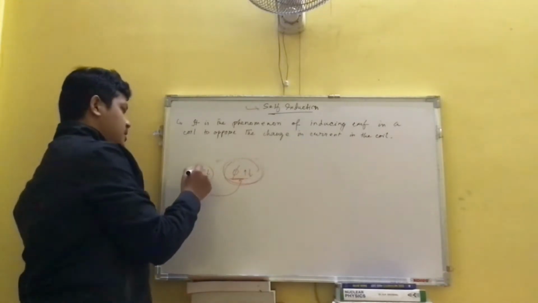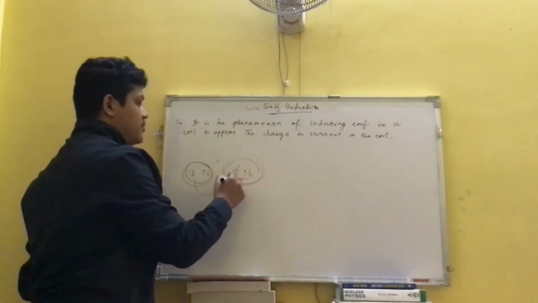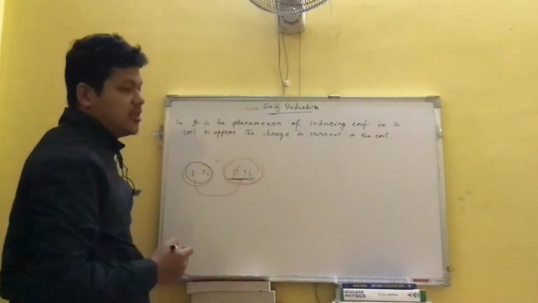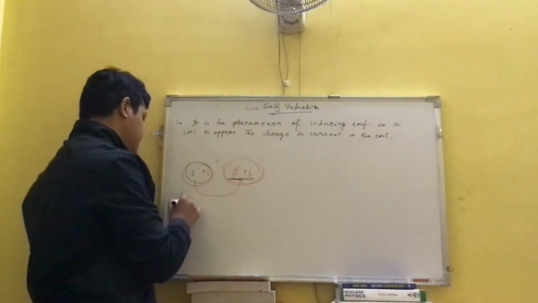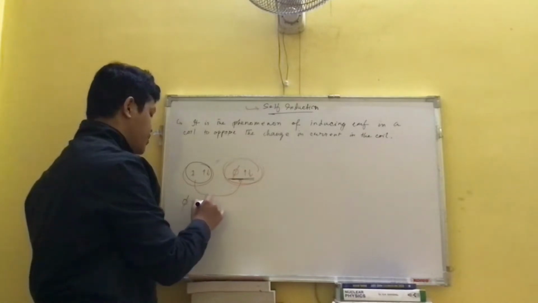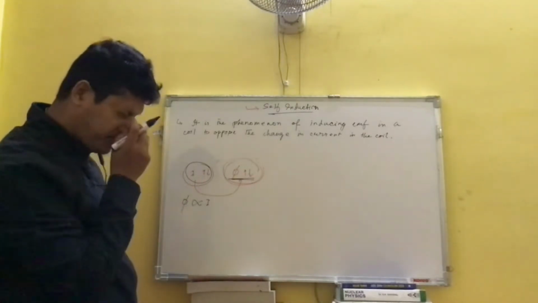So here you see, as this current changes, the magnetic flux linked with the coil changes. So that's why we can see this magnetic flux phi is directly proportional to I, right?